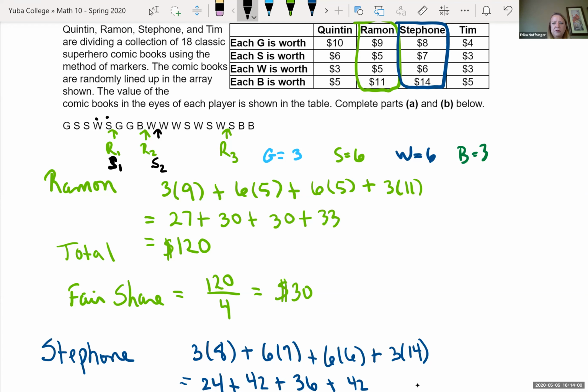Okay, so W and W, so 6 plus 6, that's 12, plus S, which is 7, plus W, which is 6, plus S, which is 7. So right now we're at $32, and a W is $6, that's 38, that's closer, 38 is closer to 36 than 32 is, so I'm going to include W. So this is where S sub 3 is going to fall.